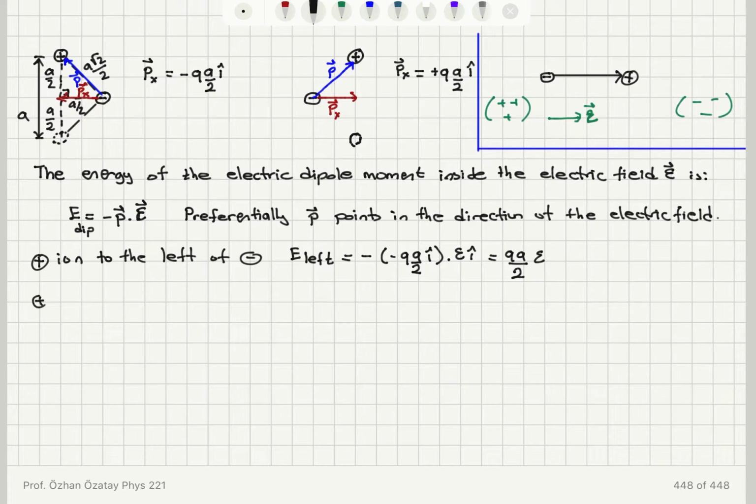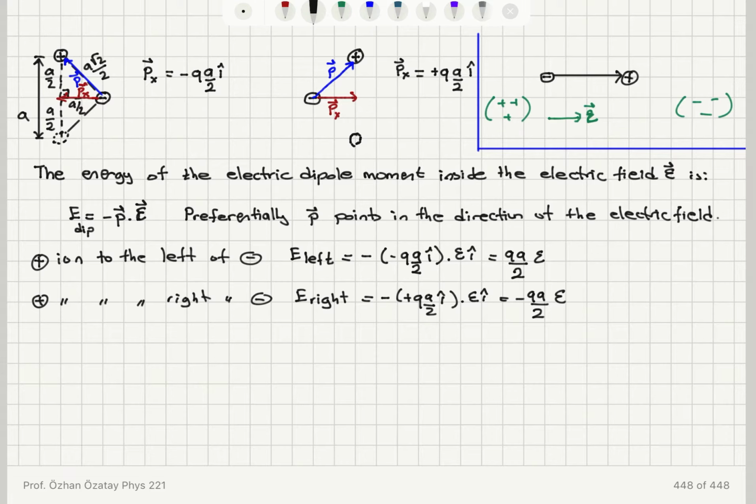If the positive ion is to the right of the negative ion, in this scenario I would have plus qa over 2 I hat, the polarization vector, dot product with epsilon I hat, so minus qa over 2 epsilon would be the energy.